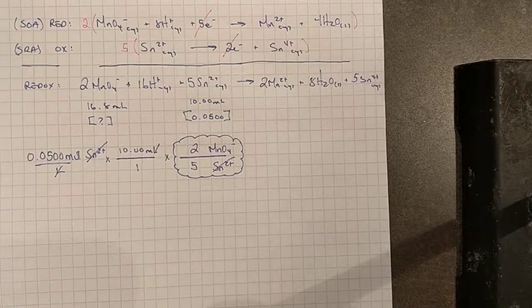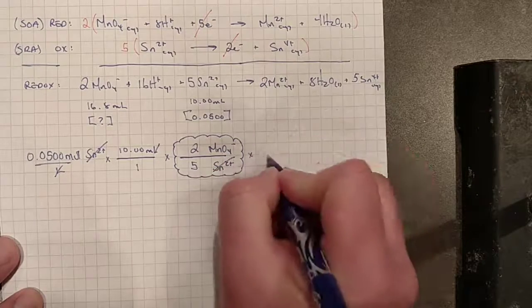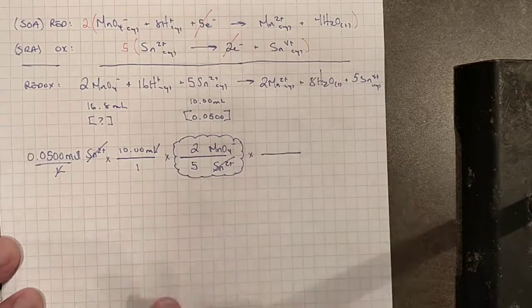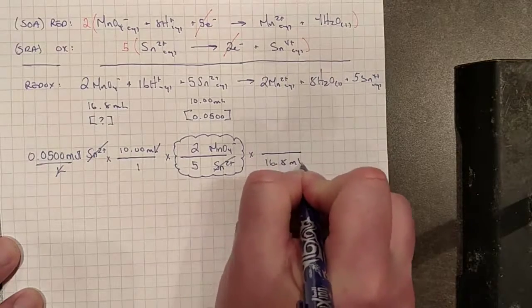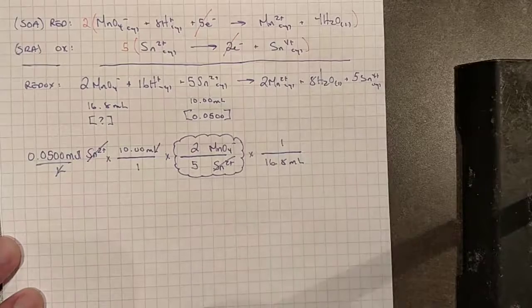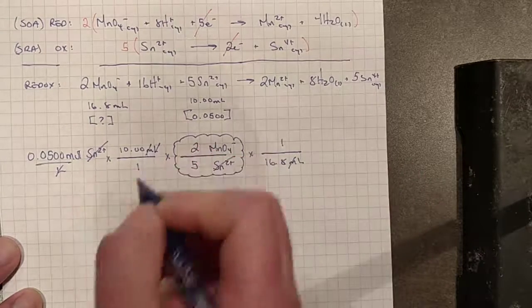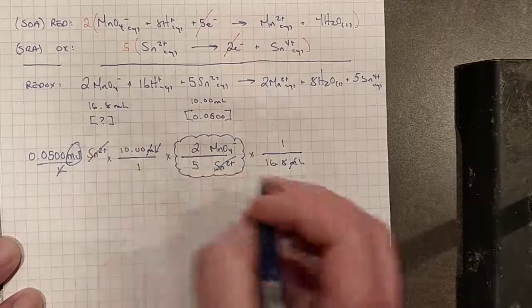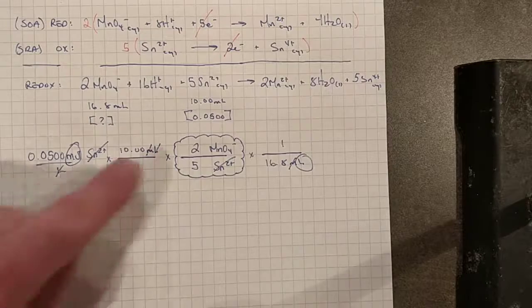Great. We can figure out a concentration once we start putting this over a volume. So for this next part then, I just need to put in the volume of 16.8 mL. Down on the bottom, the numerator would be just 1, it can't be 0, and you can see that milli value that we had finally cancels out. And so moles per liter is the molar concentration of my permanganate.